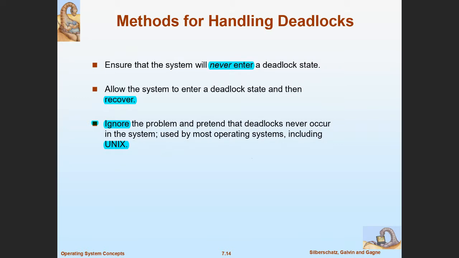Certain operating systems assume the deadlock never occurs, and one of those systems, surprisingly, is Unix. They say that checking and running the algorithm of preventing and then recovering is so time consuming that maybe ignoring is better, because recovering from a system crash does not happen very often.